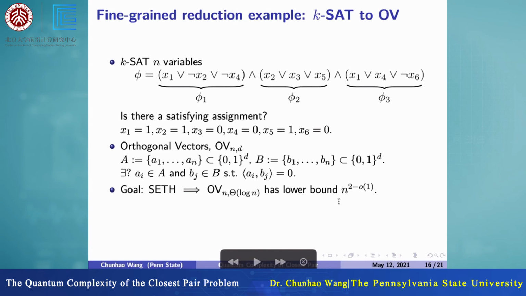We'll also quantize this to get a quantum fine-grained reduction, to conclude that if you believe Quantum SETH, then this problem also has a near linear quantum lower bound. Let's see how this reduction works.